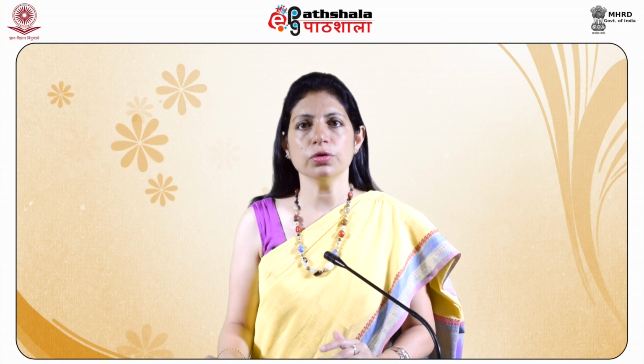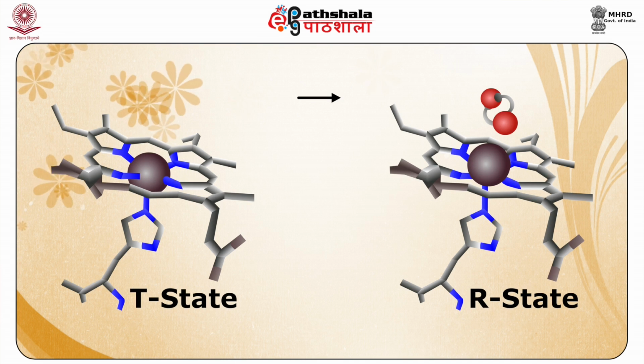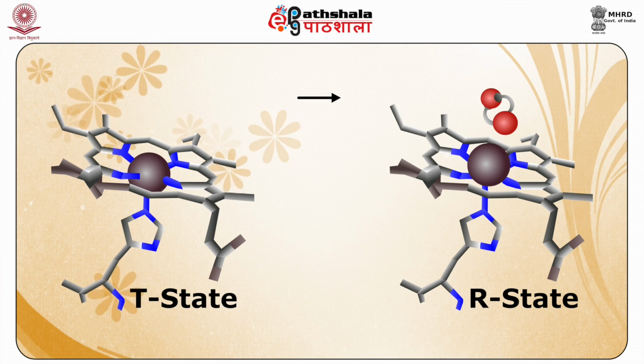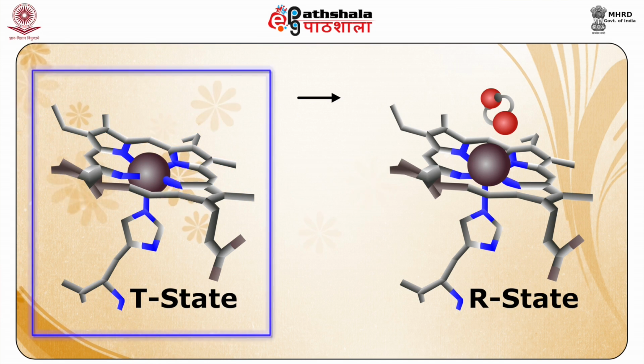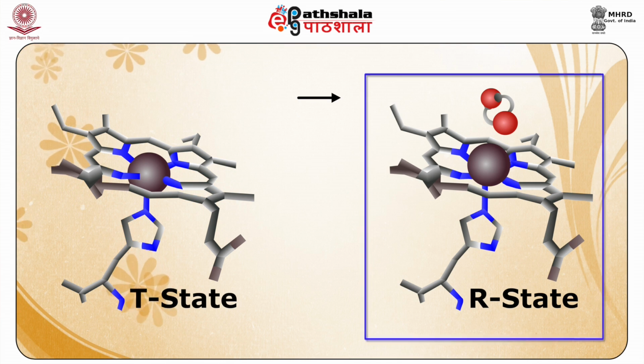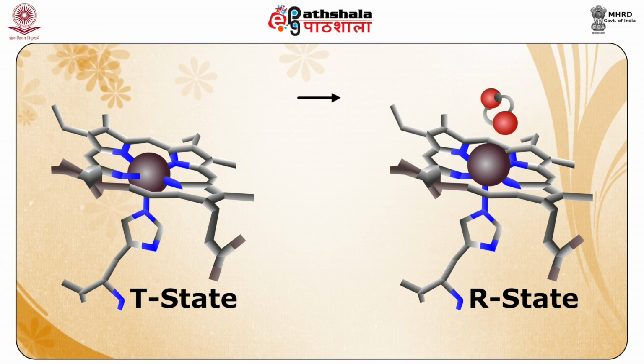We have till now seen what is cooperativity and how do we quantify cooperativity. Now let us look into the molecular basis of positive cooperativity of hemoglobin. We know that hemoglobin is a protein with a quaternary structure. It can exist in 2 quaternary states, namely the tense or the T state and the relaxed or the R state.